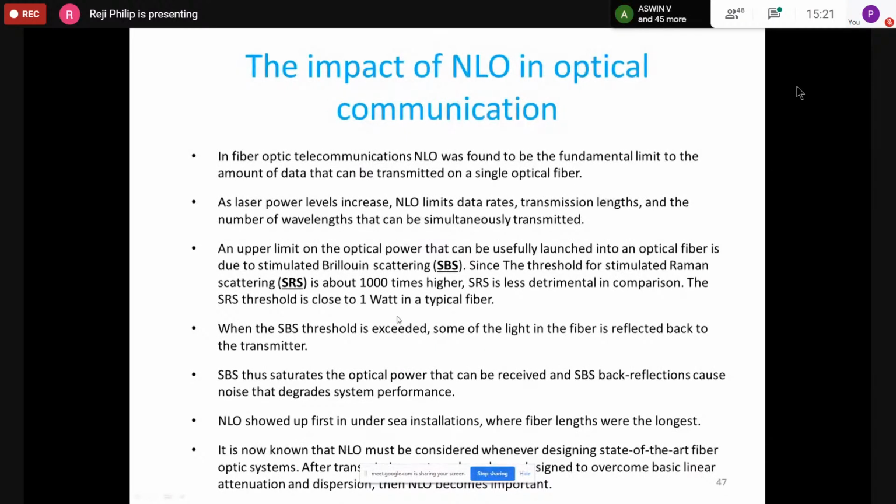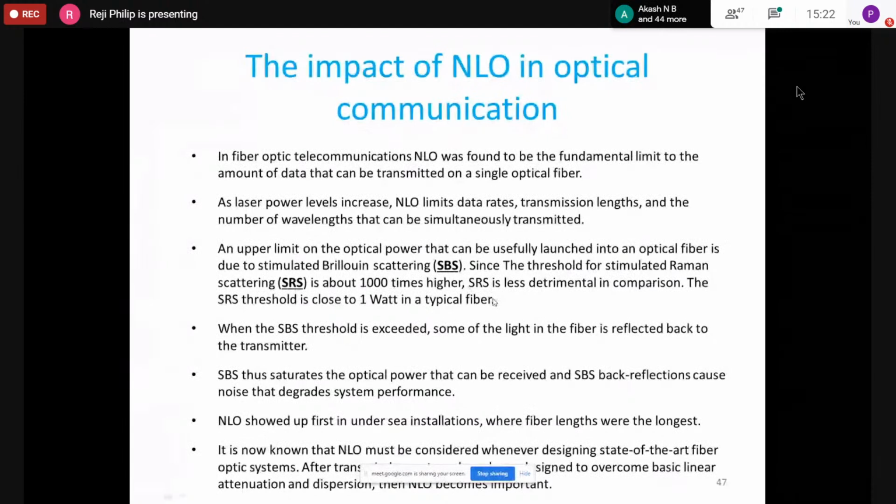Stimulated Brillouin scattering gives you an output which is almost like the input frequency. The shift in wavelength is very less. And the bad thing is the threshold for SBS to happen in a fiber is fairly low. Stimulated Raman scattering can also happen, but the threshold for that is about 1,000 times higher.